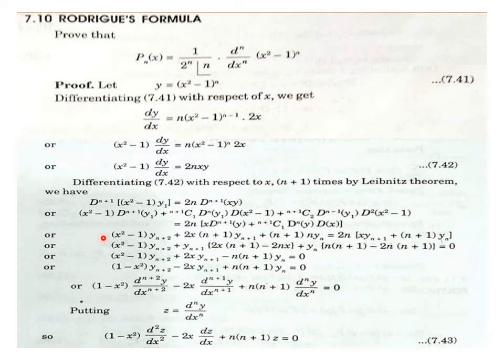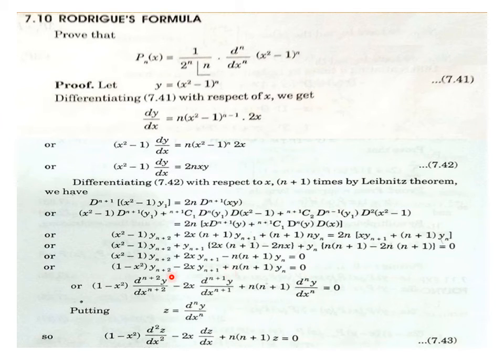And then we are simplifying that term, we are modifying that term, like (x² − 1) y_{n+2} is okay. Then y_{n+1} is taken as common in these two terms, y_n is taken as common in the remaining two terms, and then it is simplified further to produce this particular step.